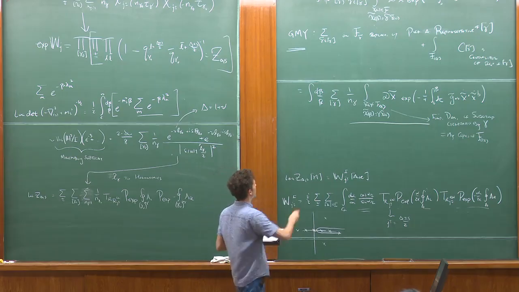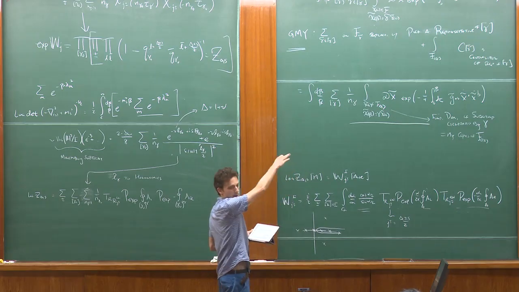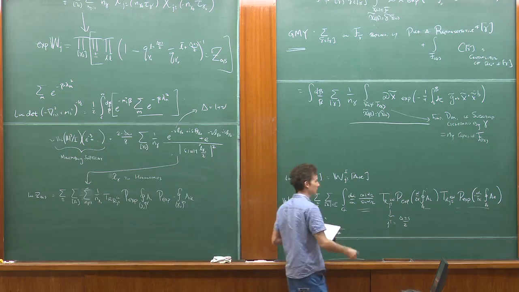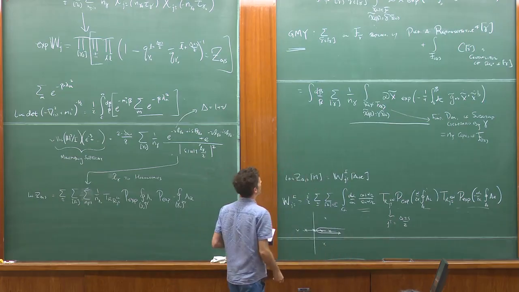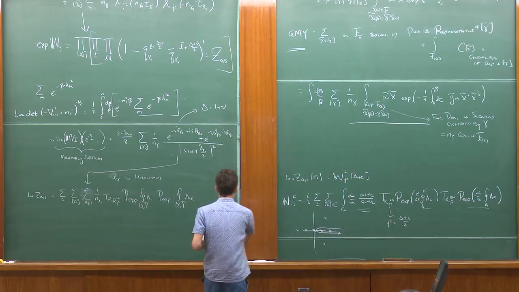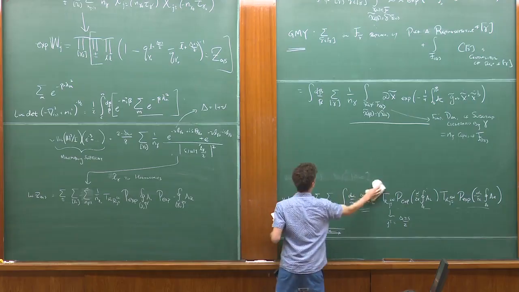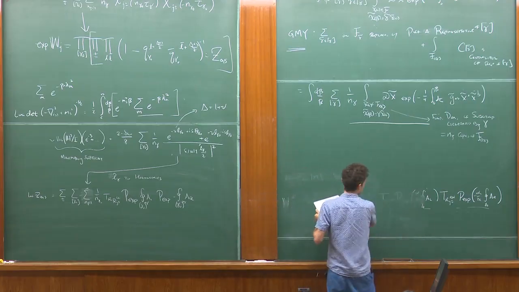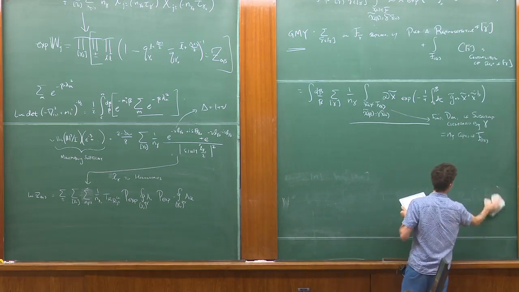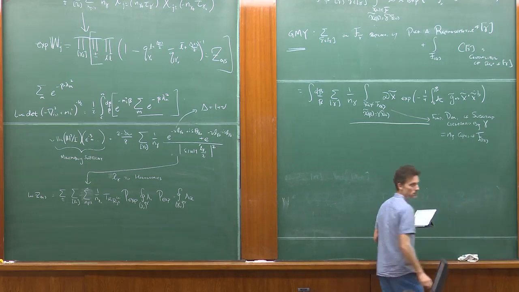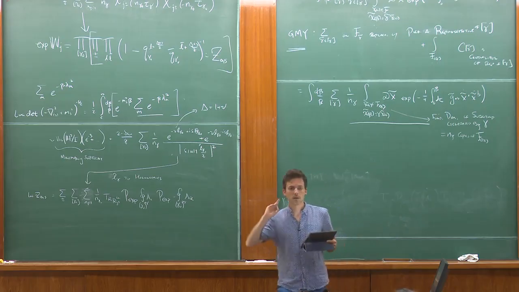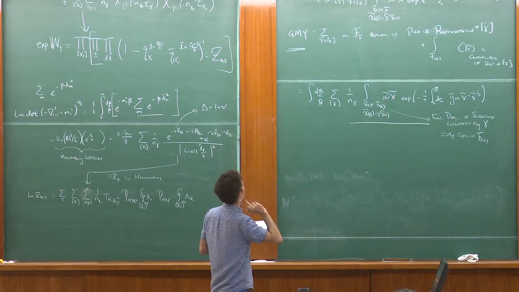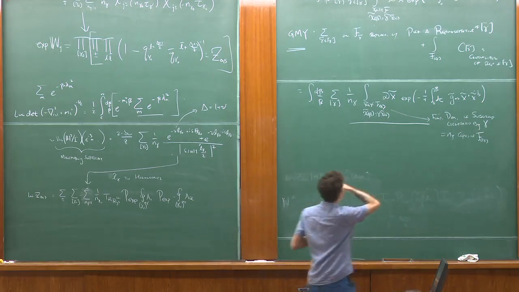So each term in this sum essentially looks like a worldline path integral on thermal AdS now, which is the key thing that we're going to lean on. So there was also a factor of e to the power minus beta something. Say again? e to the power minus beta something. Yeah, there's a factor with the mass as well, yeah.